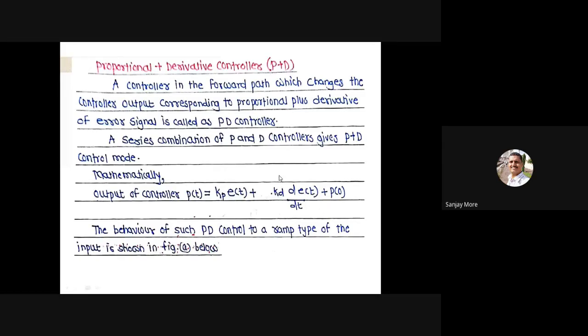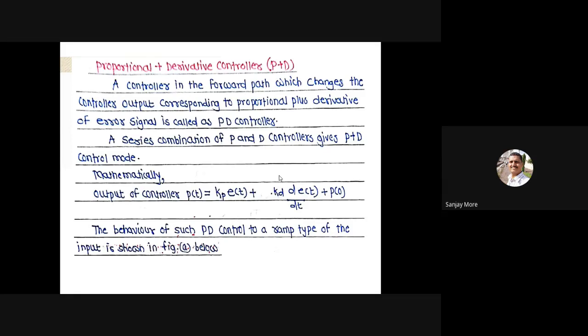Here give the description: a controller in the forward path which changes the controller output corresponding to proportional plus derivative of error signal is called a PD controller. Okay, a series combination of P and D controller gives P plus D control mode.